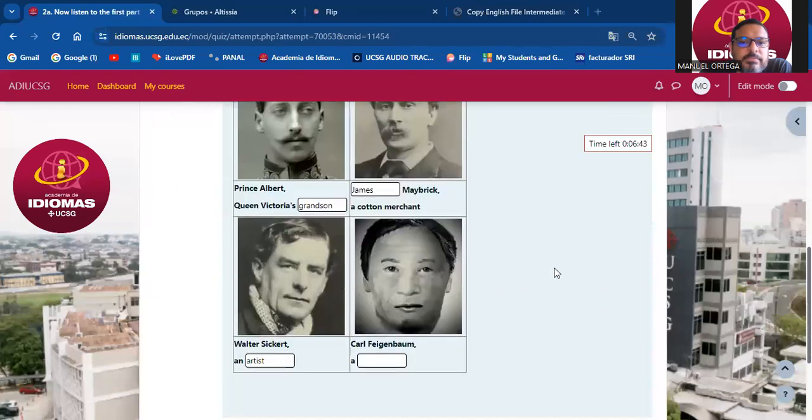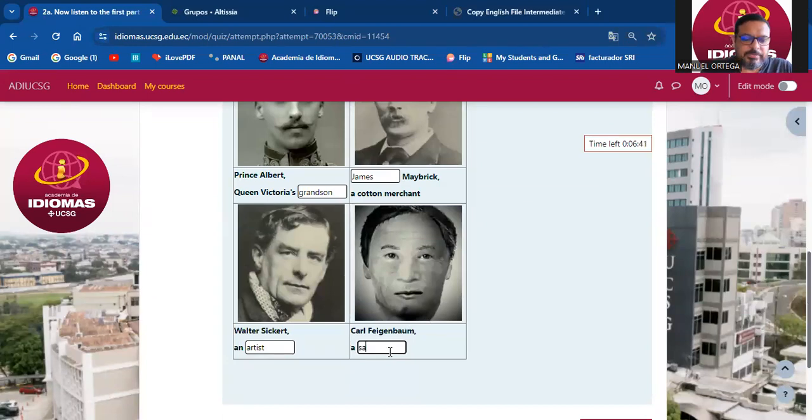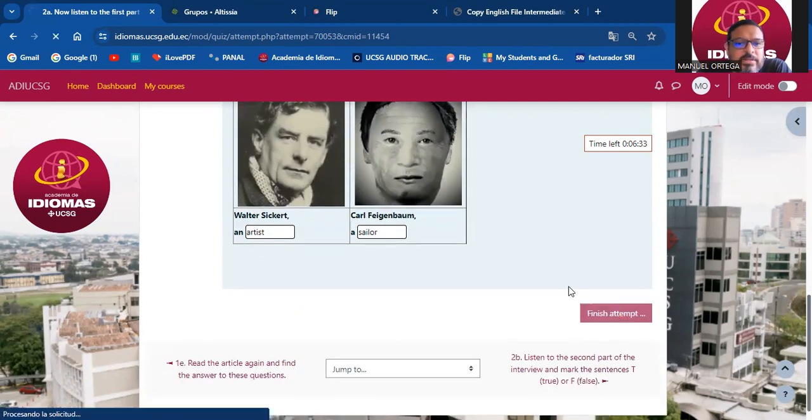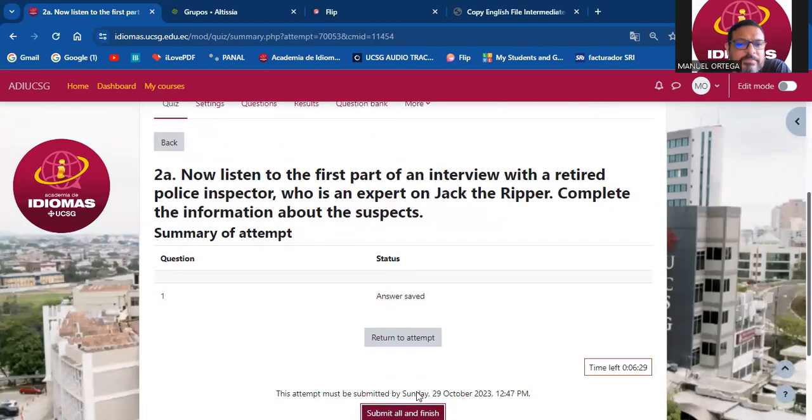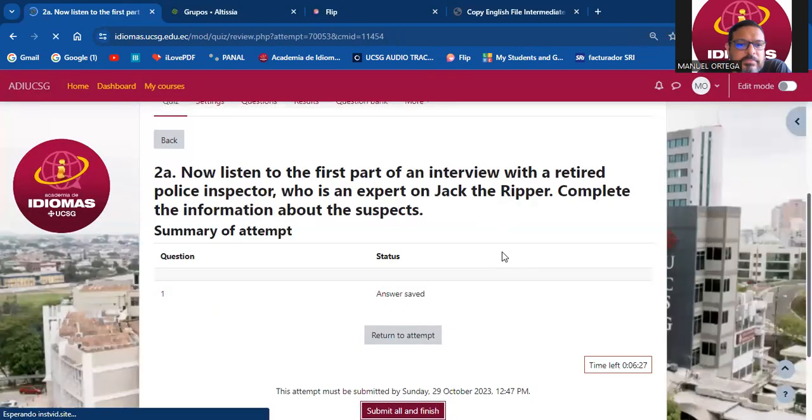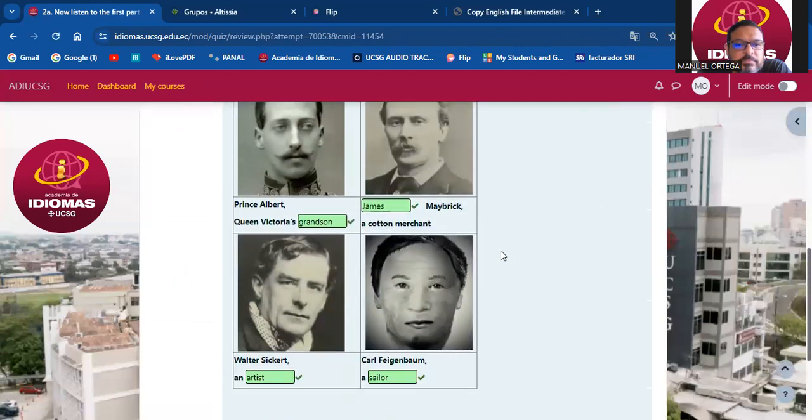A sailor. Sailor. Very good. So there we have, yep. Grandson, James, artist, and sailor. Let's see if they take it as it is. There you have it. Those are by the time, the suspects that the police get.